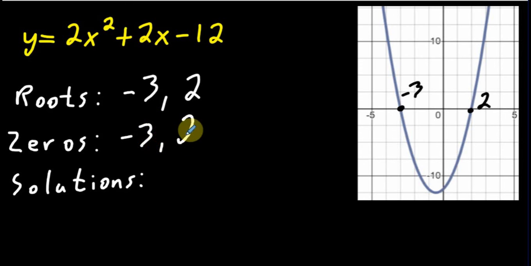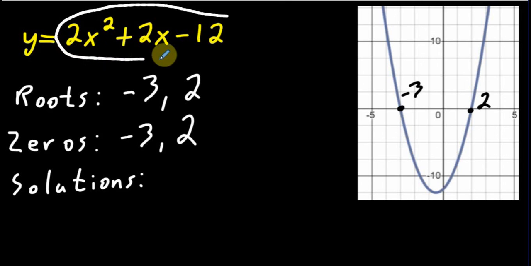Now what that means is if I replace this x and this x with -3 and did the math here, well, let's go ahead and circle it. If I plugged in -3 for these x's and did the math, I would get 0.